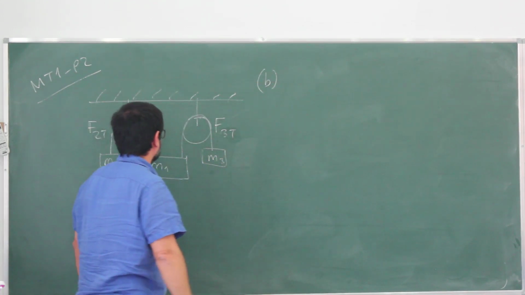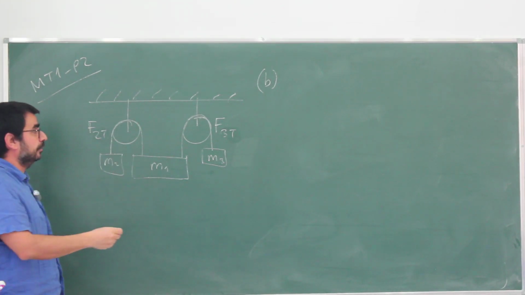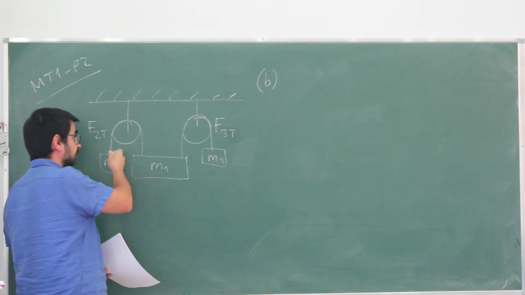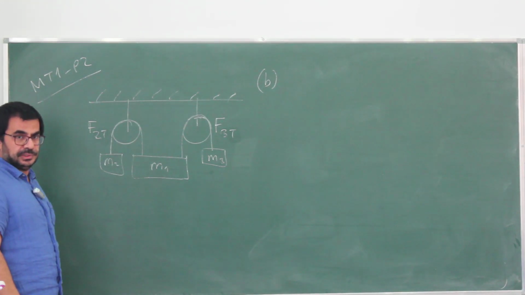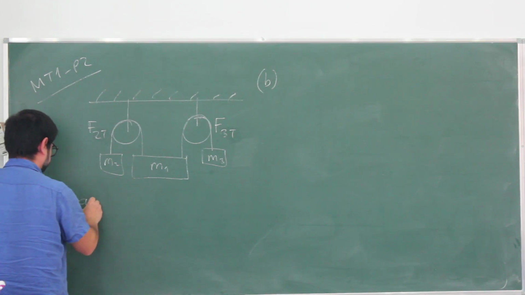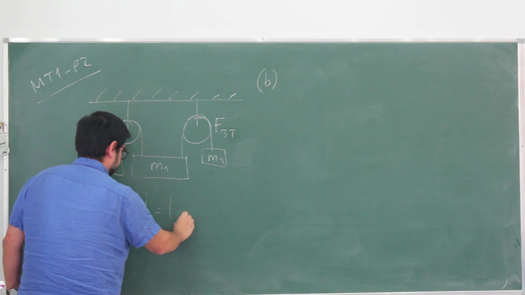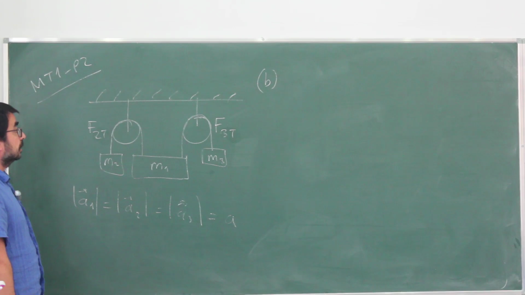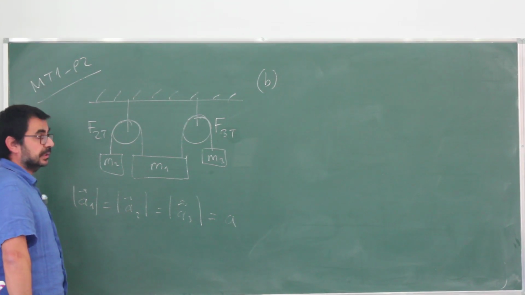How to solve this? There are a couple of ways, but one thing to notice is that they all have the same acceleration. Its direction is not the same. This one is going to accelerate down, and these are going to accelerate up, but the magnitudes of the accelerations are all the same. So the magnitude of A1 is equal to the magnitude of A2 is equal to the magnitude of A3, and we can just call this A. There is a convention in the book that we take the direction of the acceleration as positive, and we write everything that way.